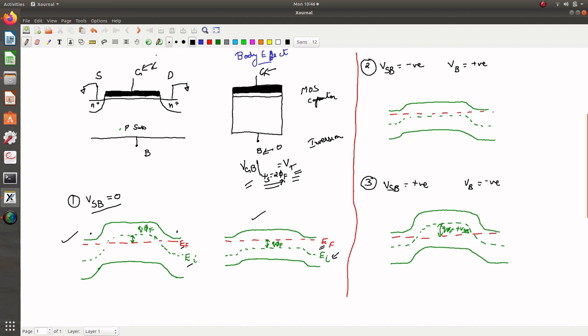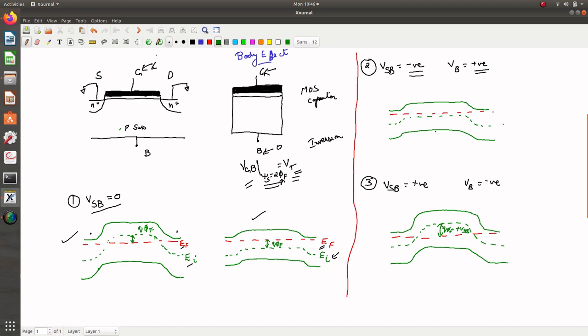Now suppose VSB is made negative, which means a positive voltage is applied at VB.